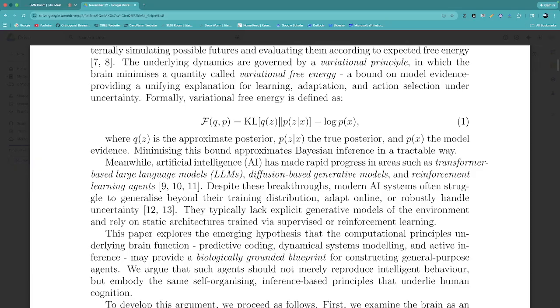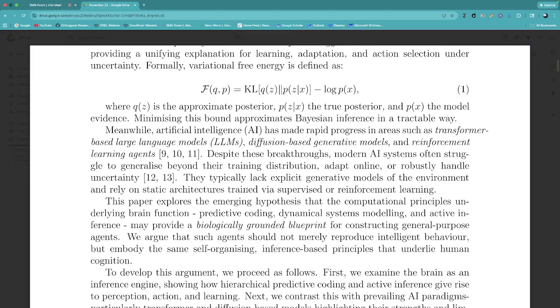So that's maybe an interesting area. But what they're arguing here is that you need to have an explicit generative model, and of course they're going to plug in variational free energy as that generative model.